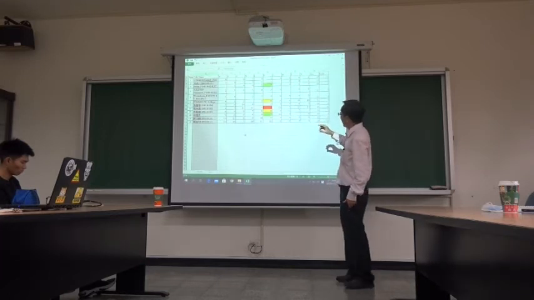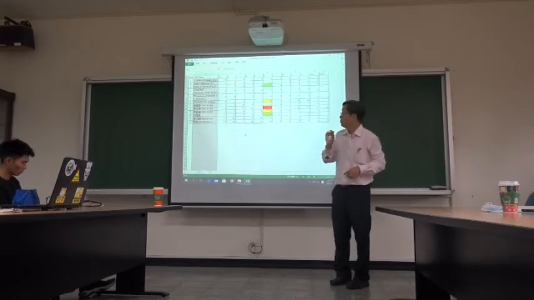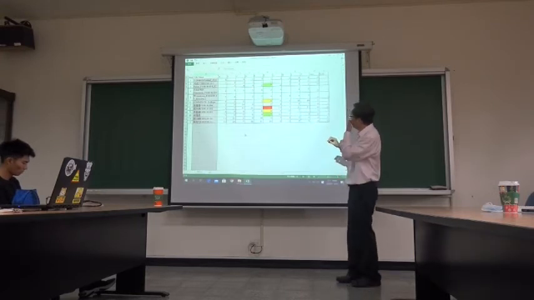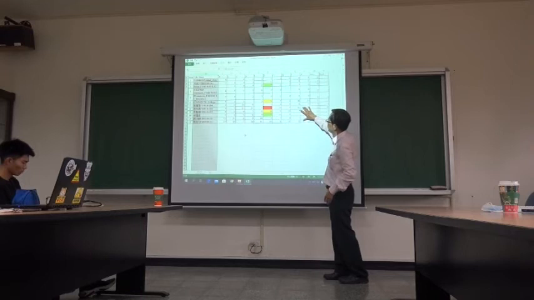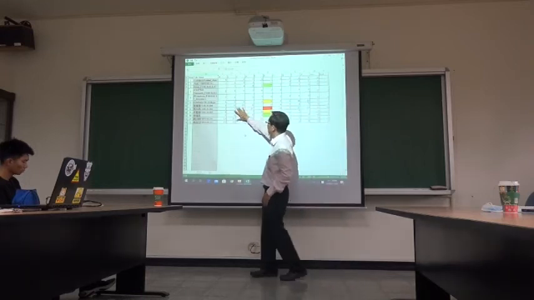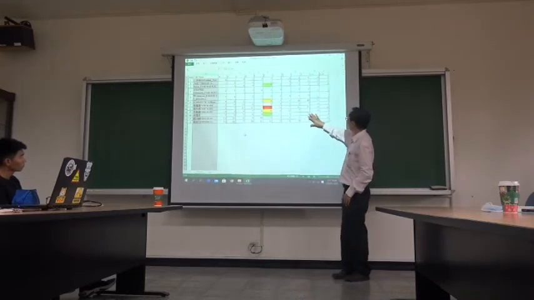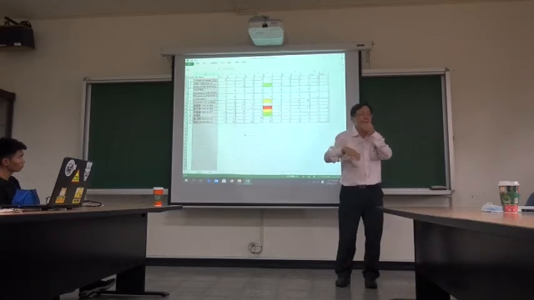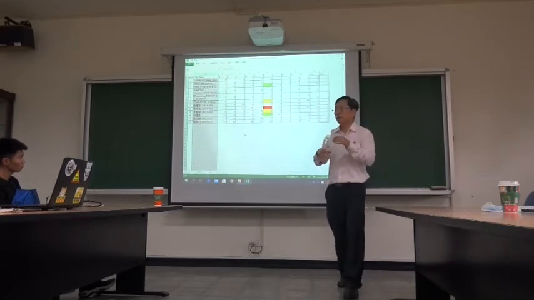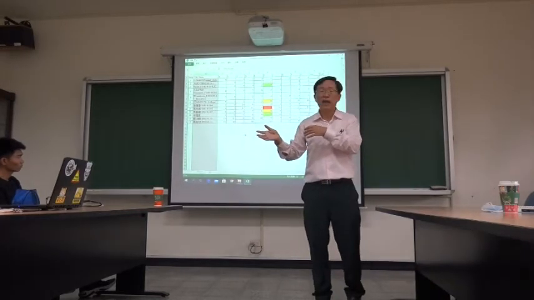So there's some statistical meaning. Here you can see that most of these Chinese students are relatively lower ranking. But lower ranking does not mean they don't study hard.